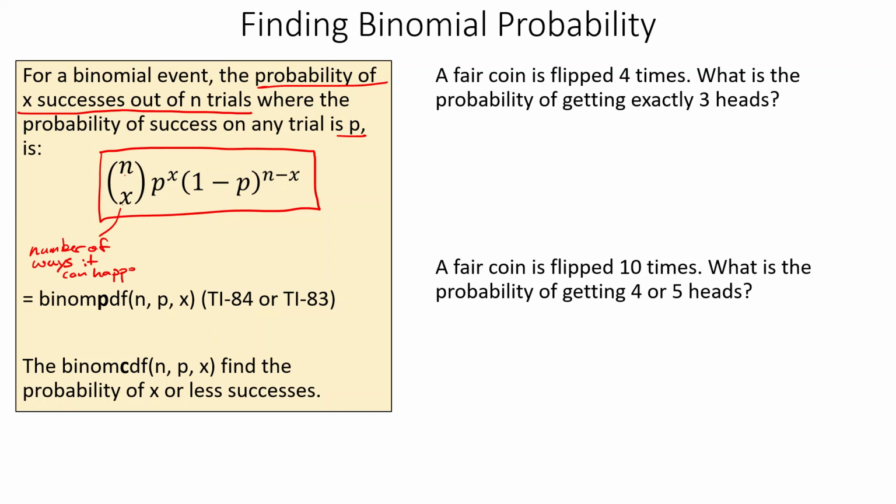When I say it, I mean the number of ways we can have X successes out of n trials. P of X is X successes. 1 minus P to the n minus X is the n minus X, what we call failures. All right, so each part of this has a specific purpose.